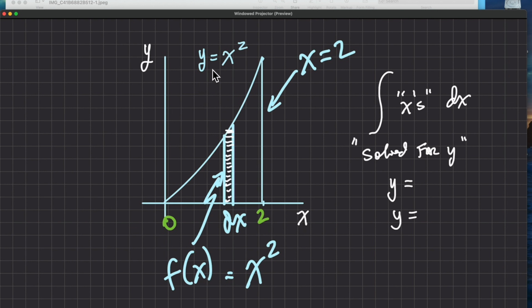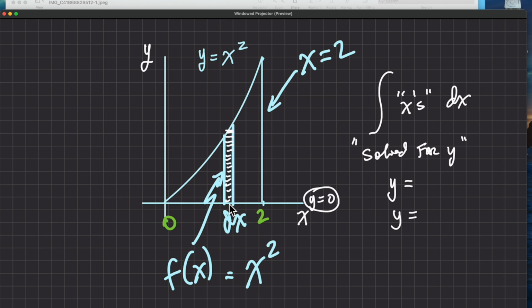So here we already have y equals x squared. That's this graph here. This x-axis is y equals 0. Okay, to get the length of this, we're talking about y values. So our y values are going to be y equals x squared and y equals 0 on the top and the bottom respectively.